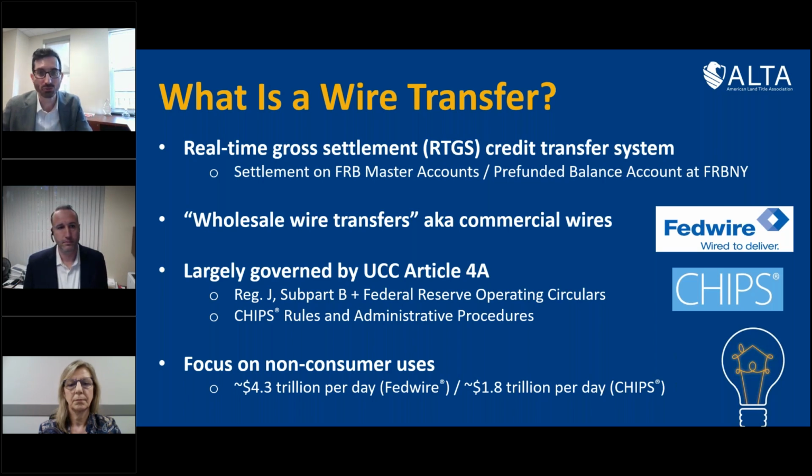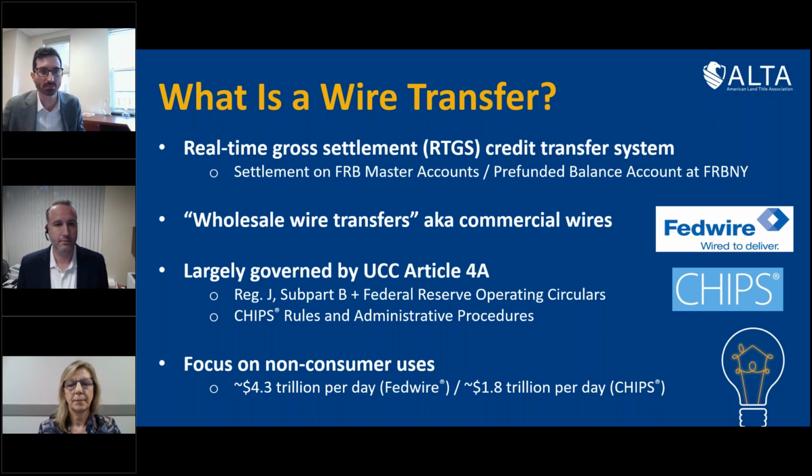These systems move truly massive amounts of money every day. FedWire sends over 4 trillion on average every banking day, CHIPS close to 2 trillion every banking day. So for some perspective, the entire GDP of Italy is just slightly over $2 trillion. That gives you some flavor of how massive the amounts of money are that we're talking about here.